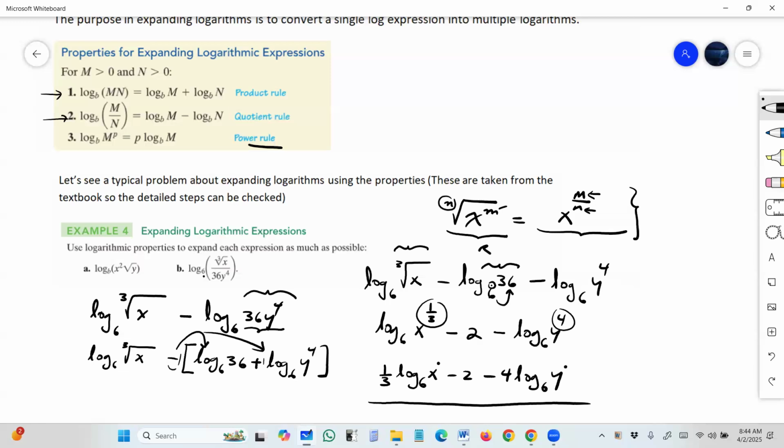So this is how you apply the properties of logs or the definition to simplify, and we have to simplify numerically a log expression. So this is my final answer, 1/3 log base 6 of x minus 2 minus 4 log base 6 of y. All right, in the next video, we'll do the second part, which is the condensing of the logs.